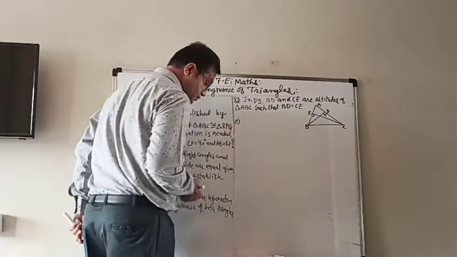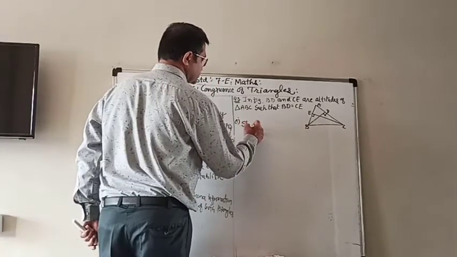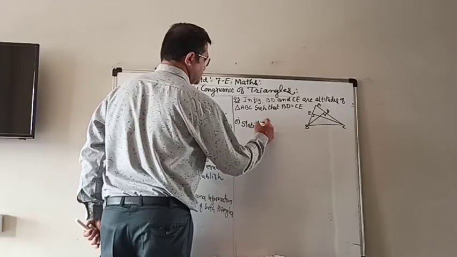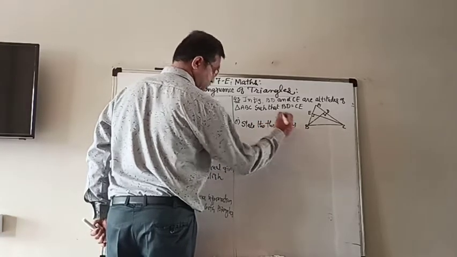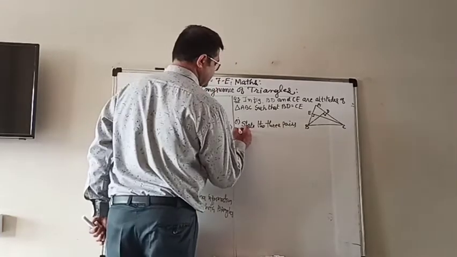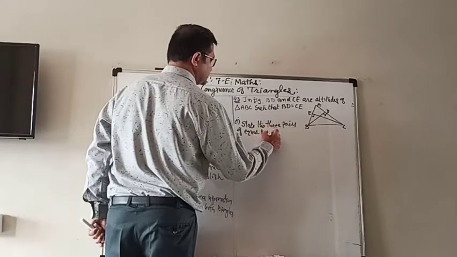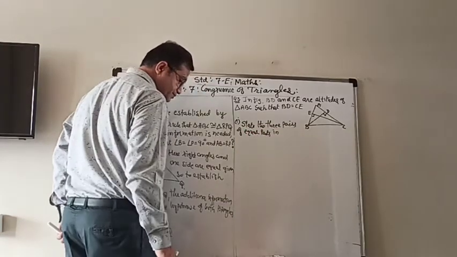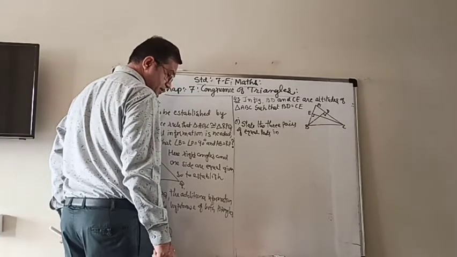First one, state the three pairs, not the parts, three pairs of equal parts in triangle CBD and BCE.